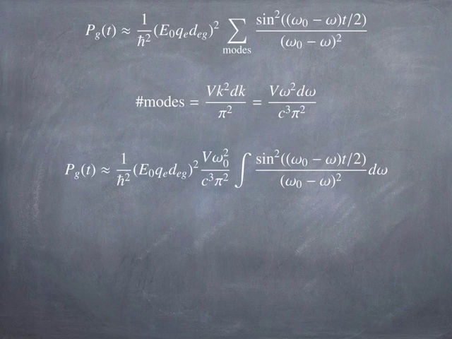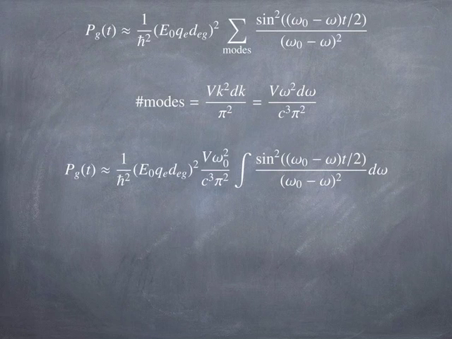Now here's the thing. The integral is very sharply peaked around omega 0 because of the way the sinc function gets so narrow so quickly. We don't have to worry about the fact that there's an omega squared in the density of states, because omega squared varies very slowly, and the sine function is very sharply peaked.